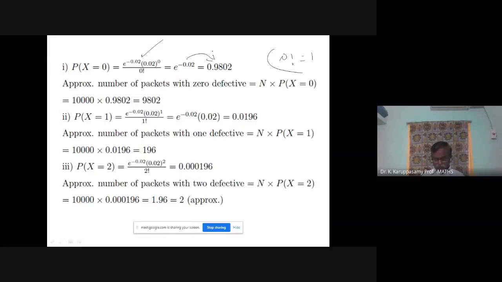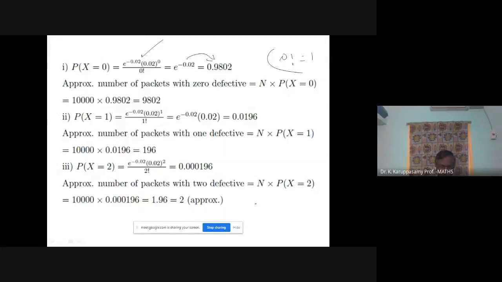In the scientific calculator, to find e power minus 0.02: press Shift and ln. Then your calculator will display e.